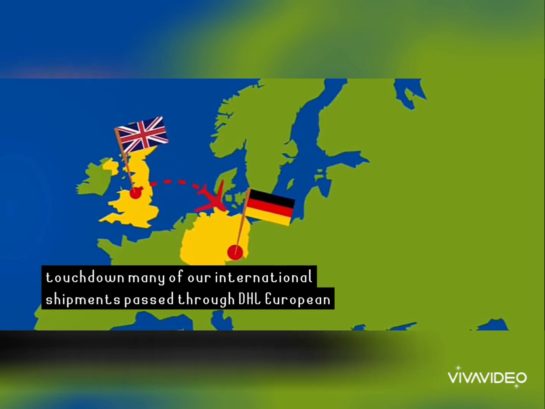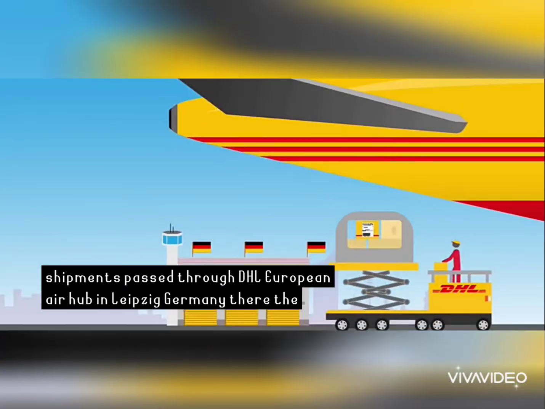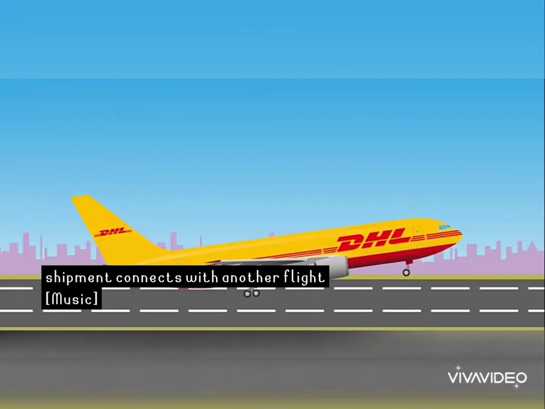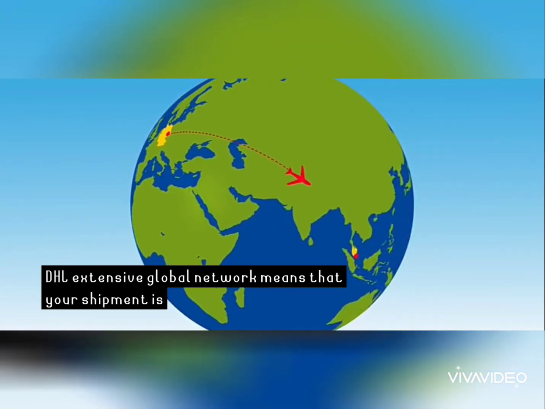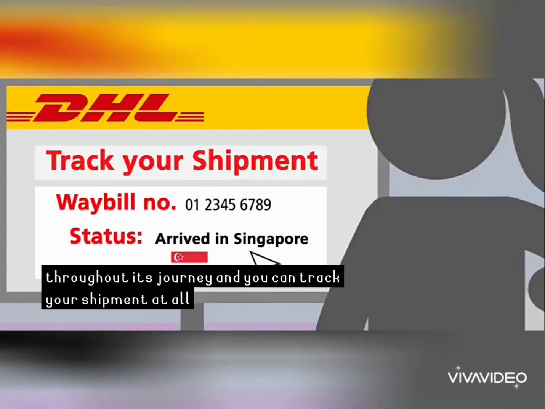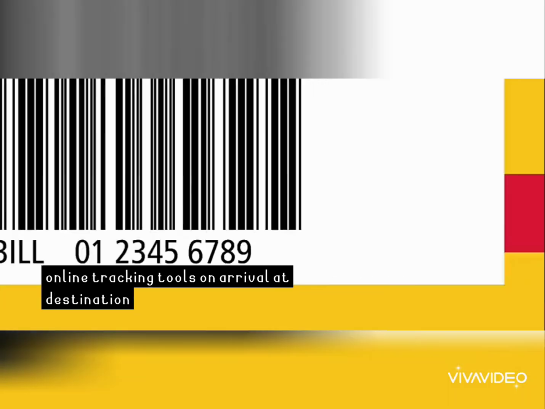Many of our international shipments pass through the DHL European Air Hub in Leipzig, Germany. There, the shipment connects with another flight. DHL's extensive global network means that your shipment is handled by DHL throughout its journey and you can track your shipment at all times with our online tracking tools.